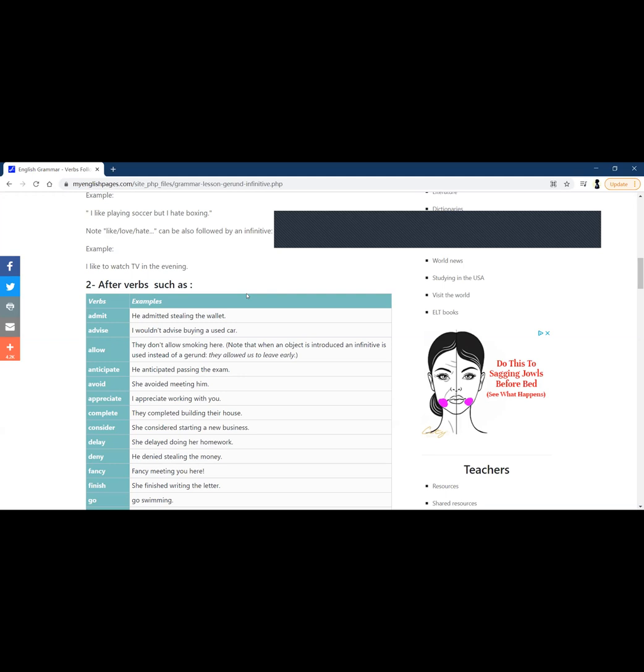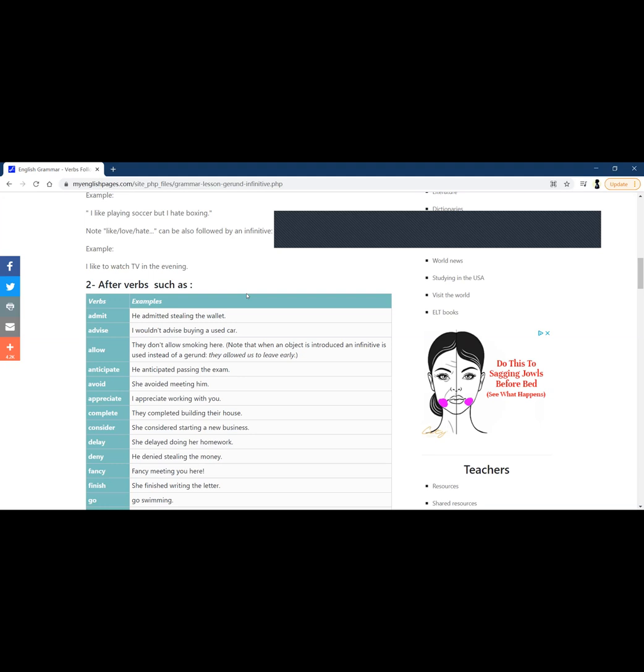A normal sentence should have one subject, one object, and one verb. You cannot have two verbs directly added together. So the gerund and infinitive forms here are both not the verb.